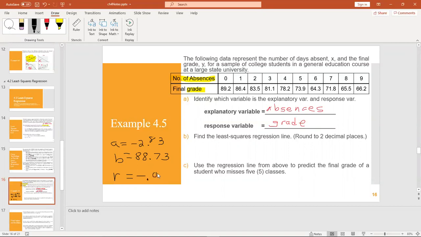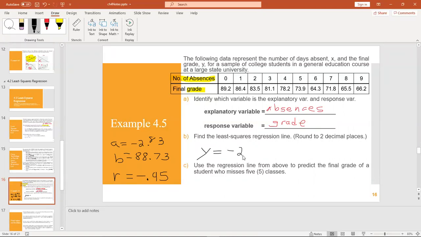I don't think it asked for it on this slide, but I do know we are going to need to have that later. So find the equation of the line. Here we go. We're going to do y equals, A is the slope.